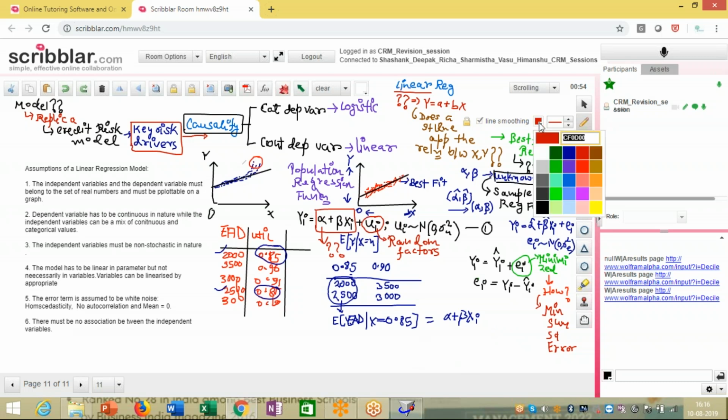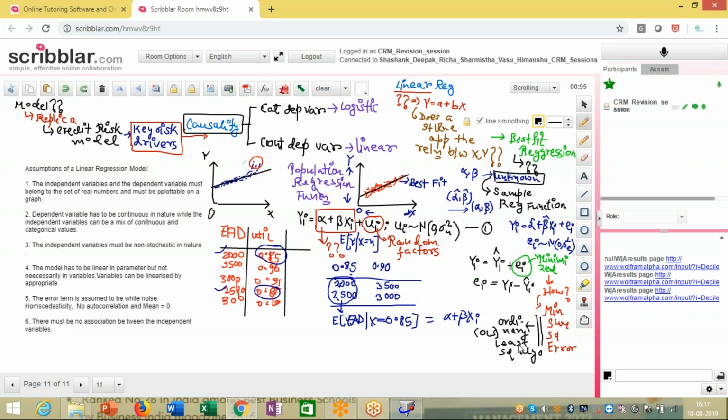So the algorithm which minimizes the sum squares of error in the linear regression model is called the ordinary least square estimation, or as we call it, the OLS algorithm.